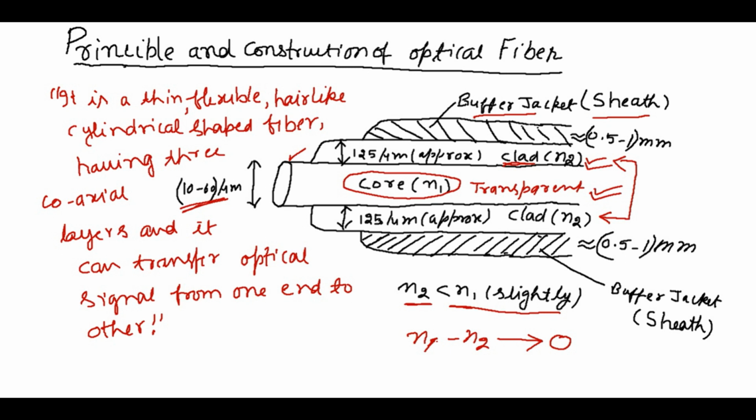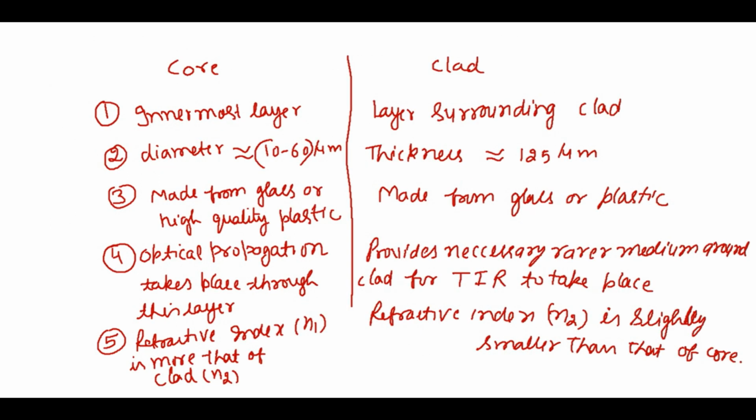Let me now go to the next slide, where I will tell you the difference between the layers and their important properties. These are the differences between the core and clad that I have written on this slide.